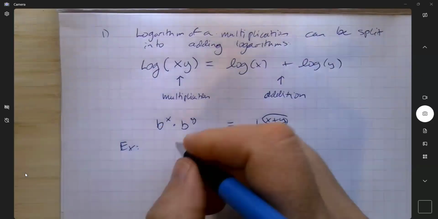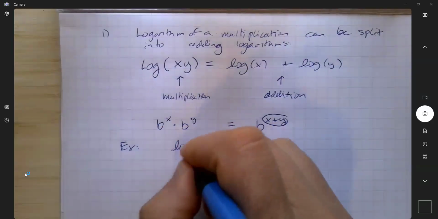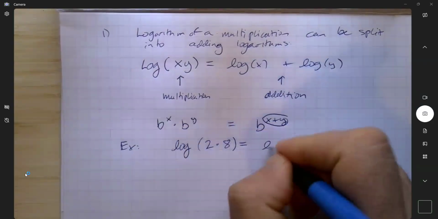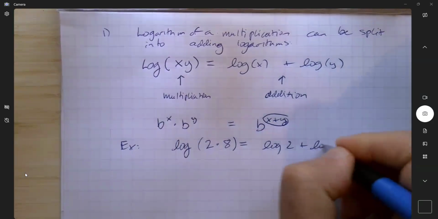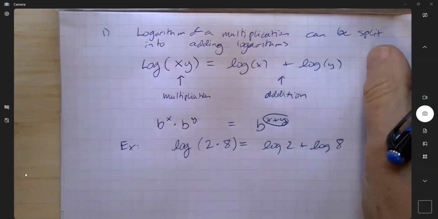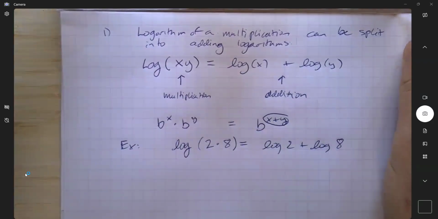Let me do an example of that. Let's look at the log of 2 times 8. That just becomes a log of 2 plus the log of 8. So that's our first rule of logarithms.